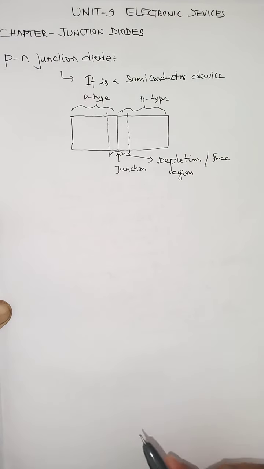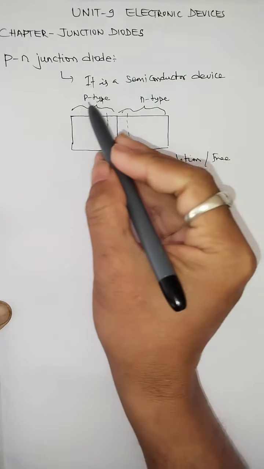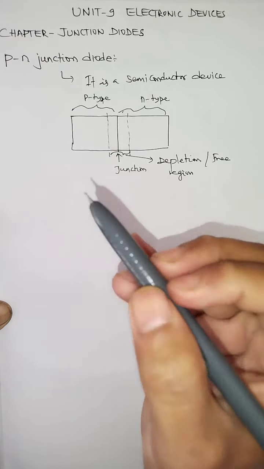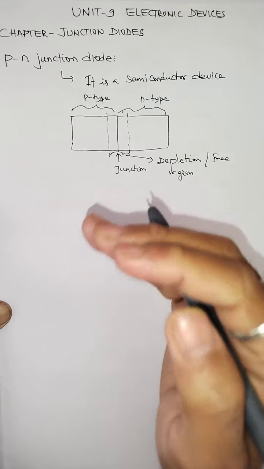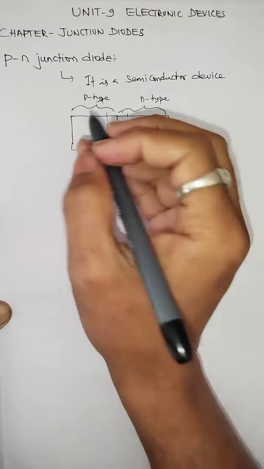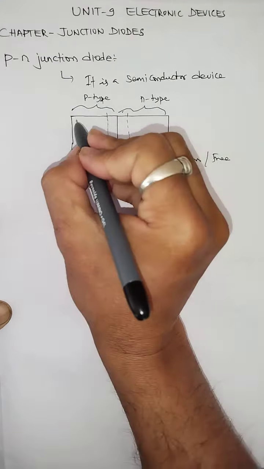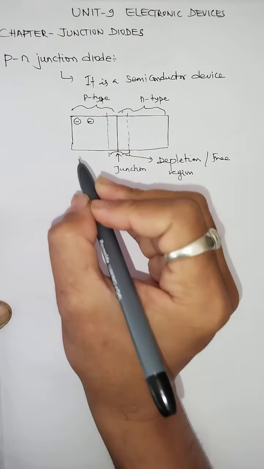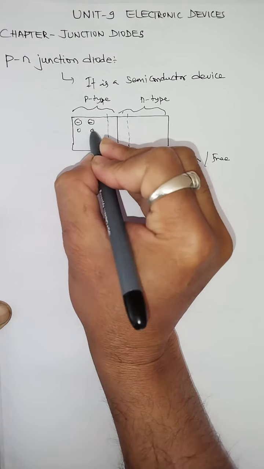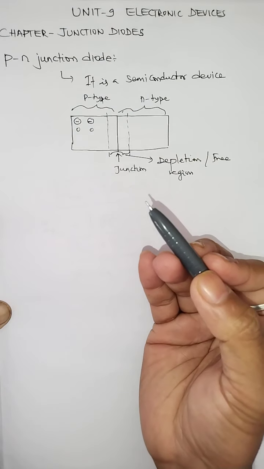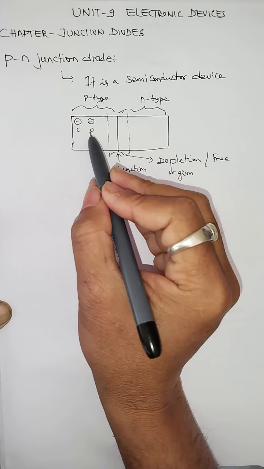Now the reason why it is formed is because in case of P-type semiconductor, as I said, holes are the majority charge carrier. But this hole is formed by accepting electrons, and an acceptor atom always has negative charge. So remember this, children, when a hole is created, the atom always becomes a negative ion.